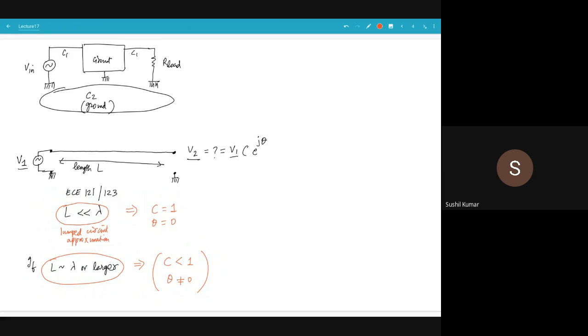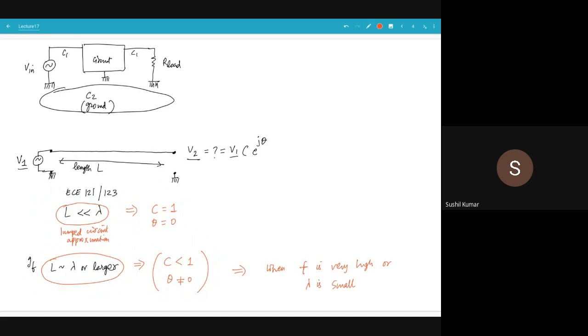When your frequency gets higher, your lambda gets shorter. So this is the case when F is very high, or lambda is small.